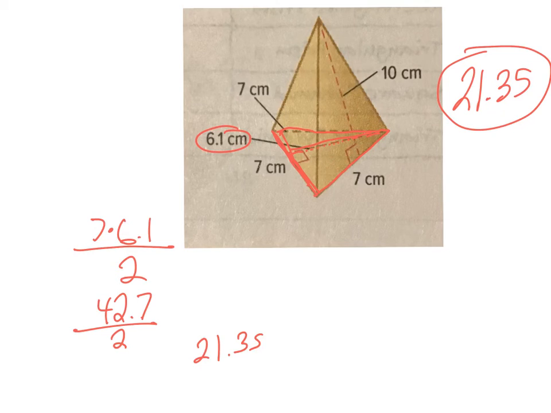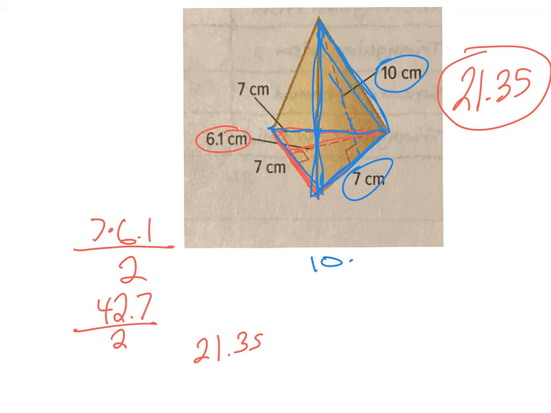Now, because it's a triangle, it has 1, 2, 3 sides. And so if we find one of the sides, we can times it by 3. Okay, so looking at this little triangle over here, here's the height of it, which is 10, and the base is 7.